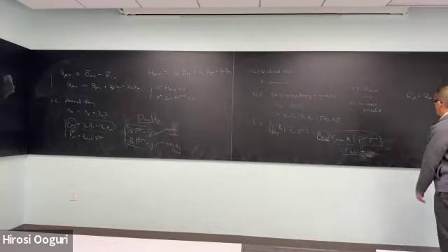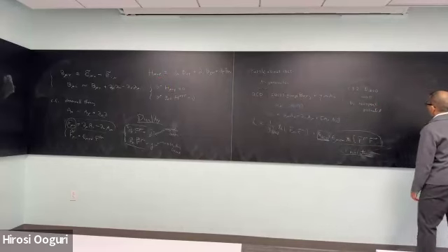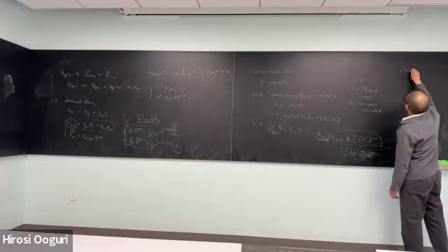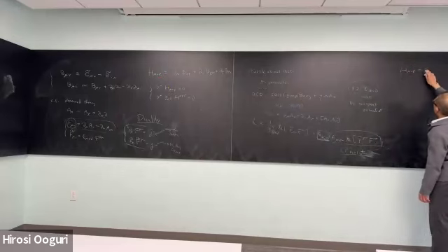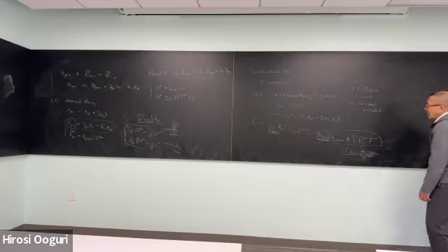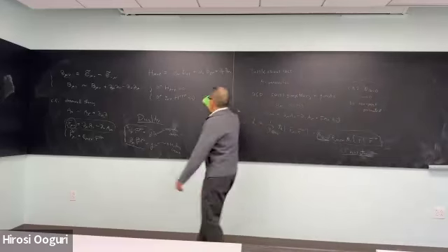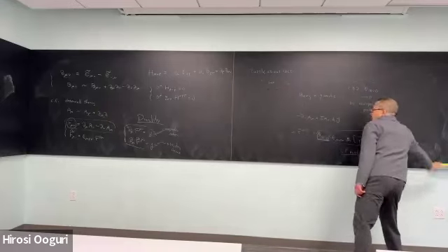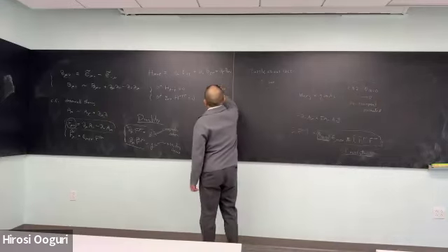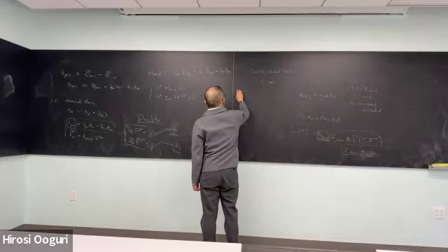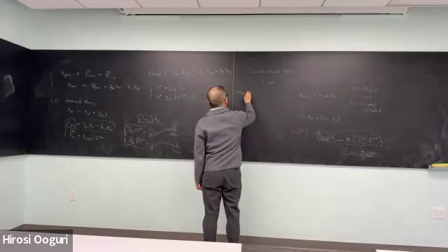So you can write down the following equation. You can define H mu nu rho sigma to be del mu, and so on. So we have this equation, but suppose you consider the dual.